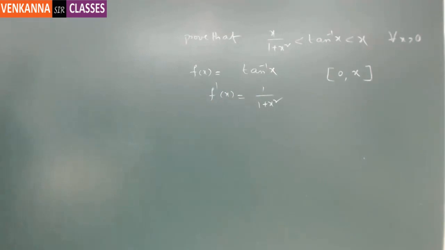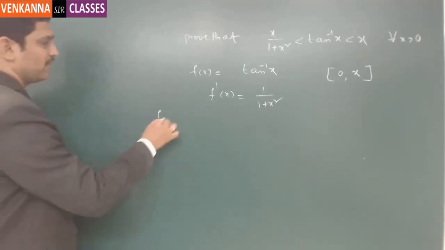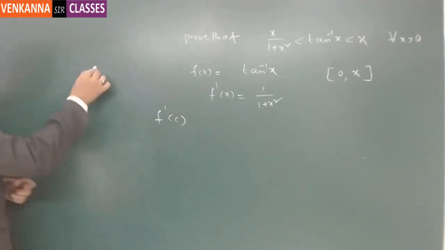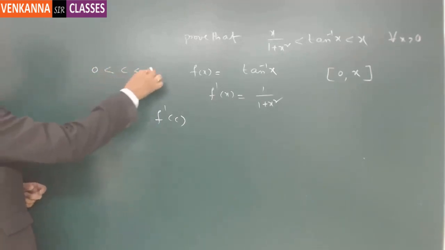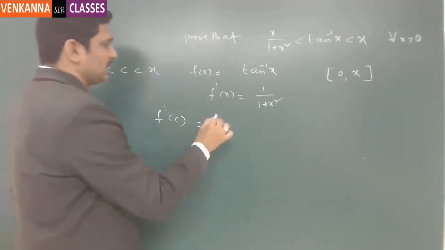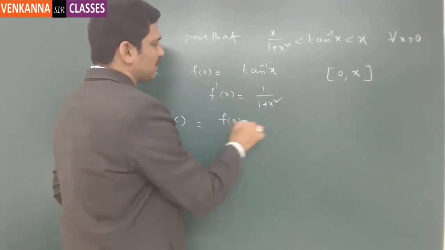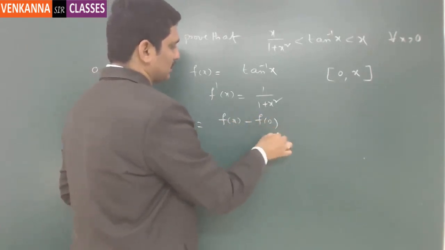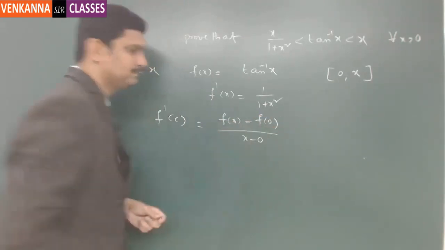f satisfies Lagrange's mean value theorem on the closed interval 0 to x. So you are going to obtain the formula: f dash of c, where c is lying between 0 and x, equals f of x minus f of 0 by x minus 0.